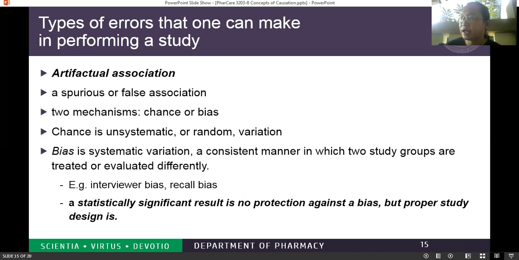Or there may be likes and dislikes toward the participants because of their attitudes. Then it can be called interviewer bias.